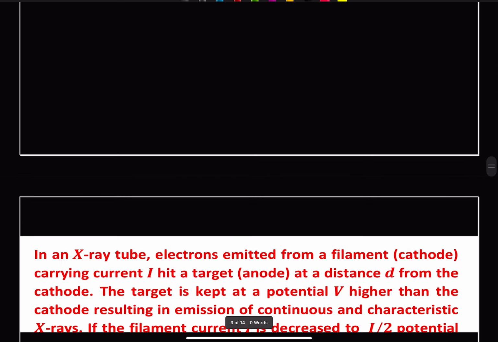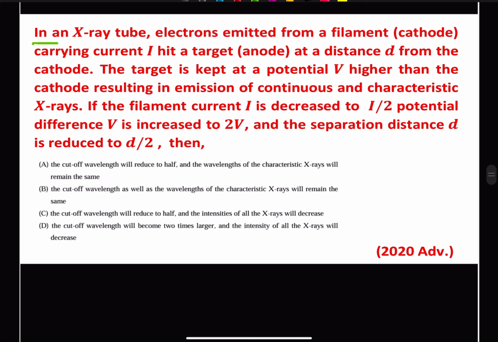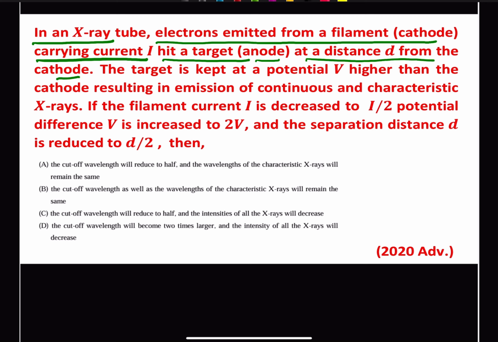Next question. In an X-ray tube, electrons emitted from a filament, that is cathode, carrying current I, hit a target, that is anode, at a distance d from the cathode. The target is kept at a potential V higher than the cathode, resulting in emission of continuous and characteristic X-rays.